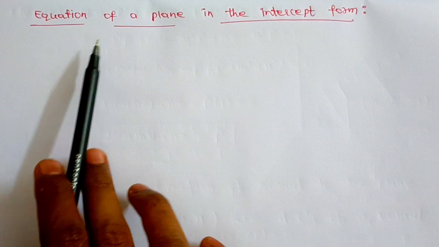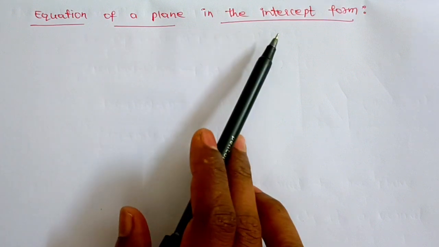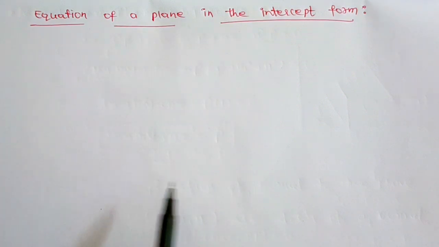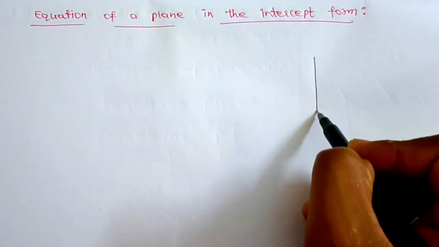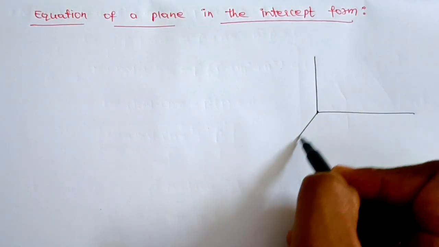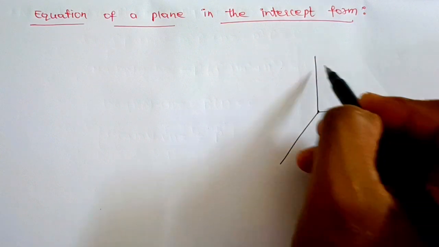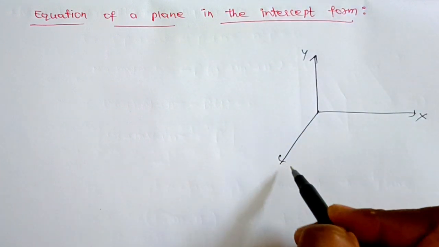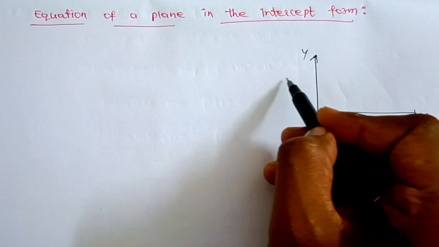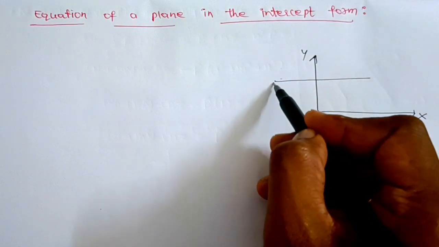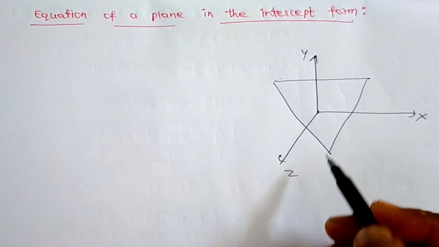So next one, equation of a plane in the intercept form. So here we can consider the coordinate axes. This is the x-axis, y-axis and z-axis. Now we can consider any plane. For example, this is a plane.